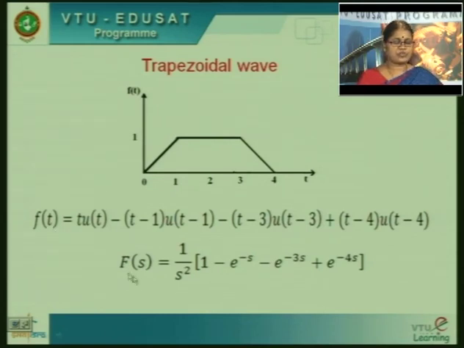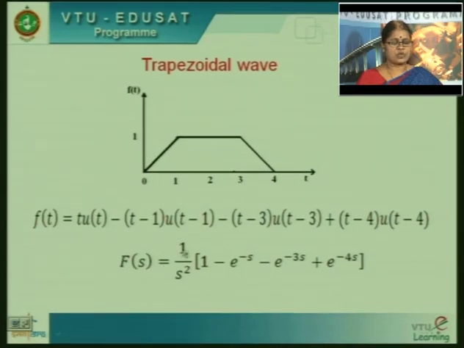F of s is equal to 1 by s square, because all these signals are ramp signals, so all these terms will have s square in the denominator. So, I can write 1 by s square into (1 minus e power minus s minus e power minus 3s plus e power minus 4s). So, this is the Laplace transform of this waveform.